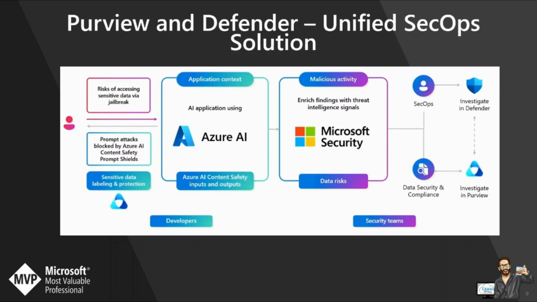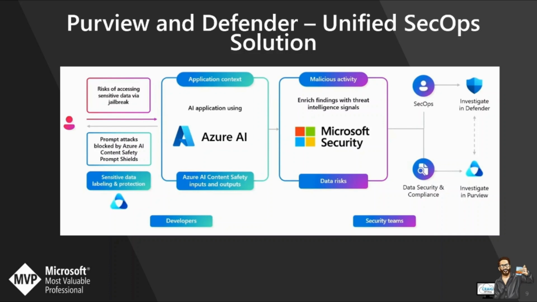It highlights the risks of accessing sensitive data via jailbreak, and the prevention of prompt attacks using Azure AI Content Safety prompt shields. Sensitive data labeling and protections are enforced to secure inputs and outputs.